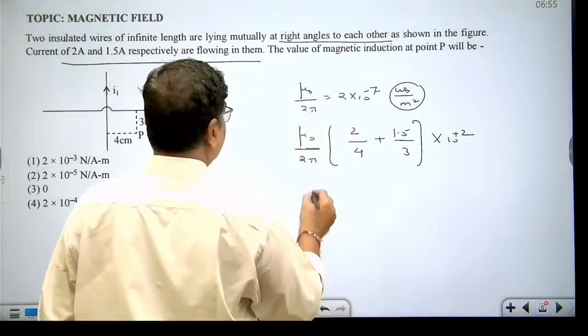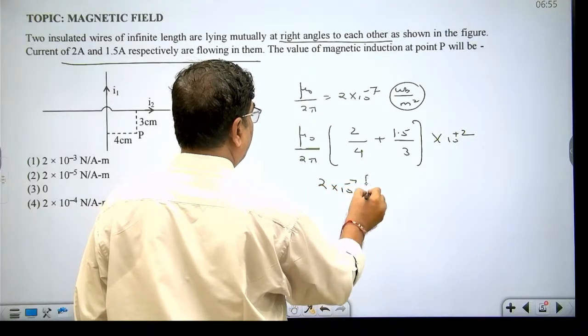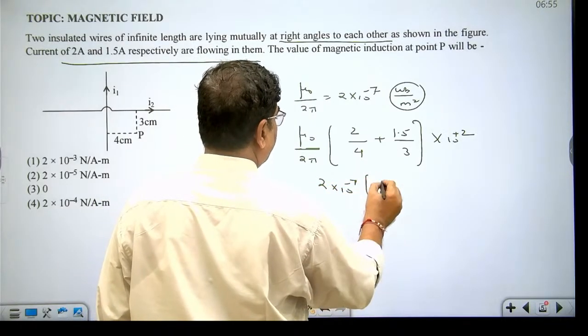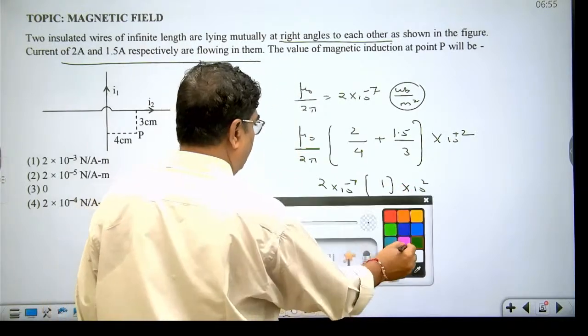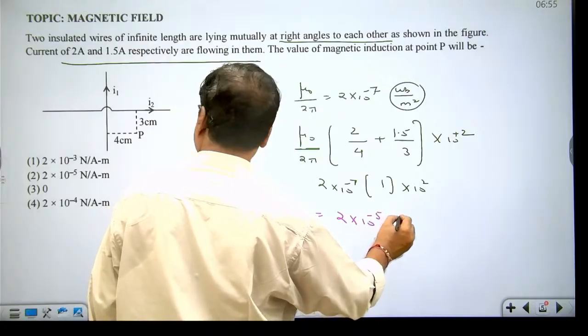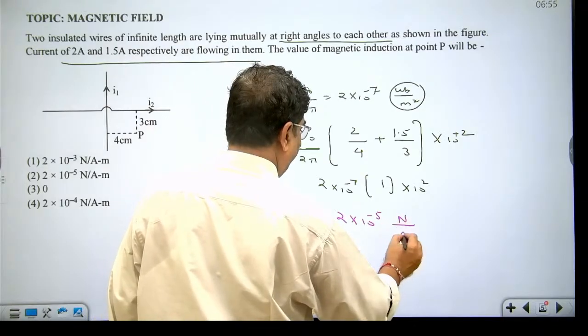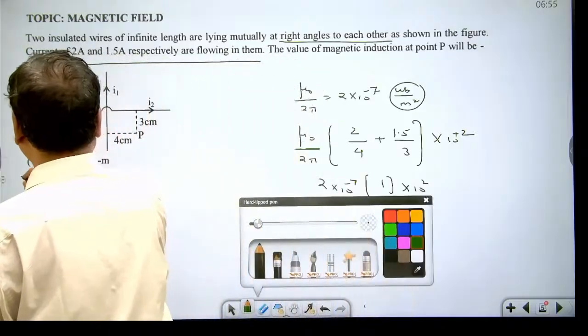This is 10 power 2. So mu 0 upon 2 pi is 2 into 10 power minus 7. This is 1 upon 2 plus 1 upon 2, meaning 1 into 10 power 2. So the correct answer will be 2 into 10 power minus 5 Newton upon ampere meter. So out of four choices, the correct answer is option 2.